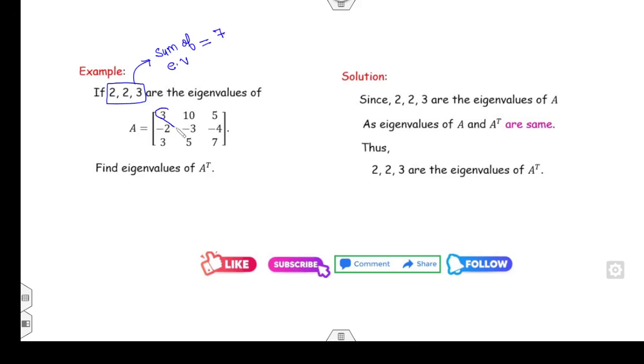And then what is the trace of the matrix? You can also see the trace of the matrix is also 7, which are the same. So by the first property, you can verify that. Moreover, you can also verify that the product of the eigenvalues is 2 into 2 into 3, fine. And if you find the determinant of the matrix A, you will again get the answer 12.